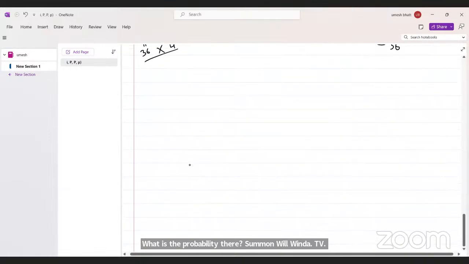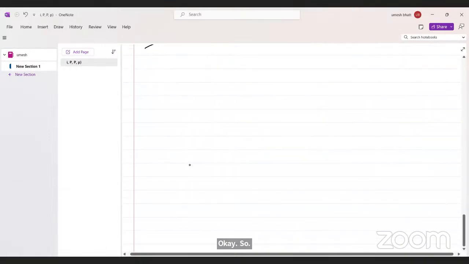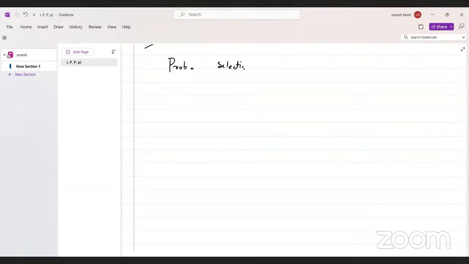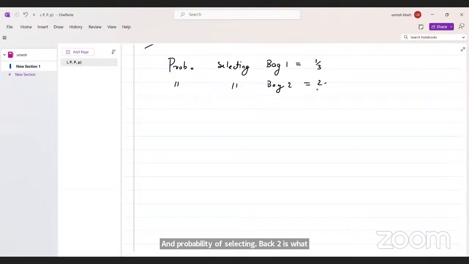So how will we do this question? In the question it is given that the probability of selecting bag 1 is 1 by 3, and the probability of selecting bag 2 is 2 by 3.